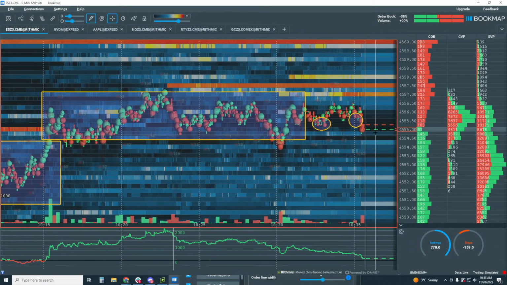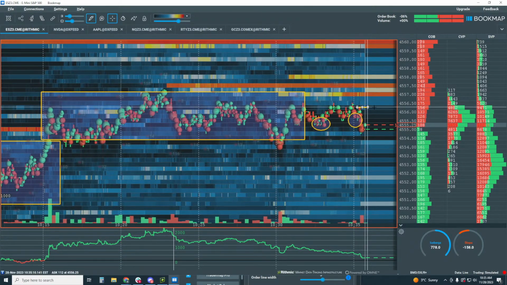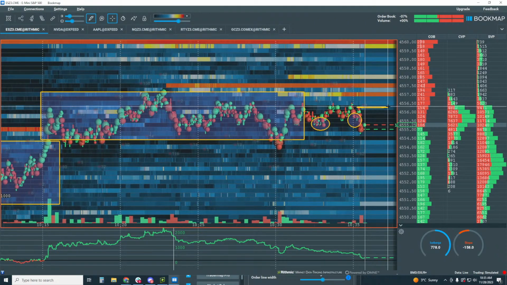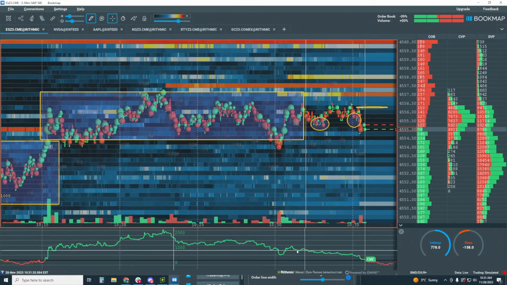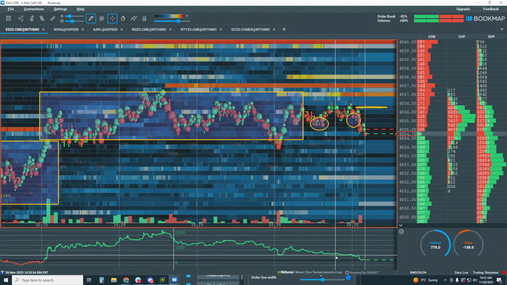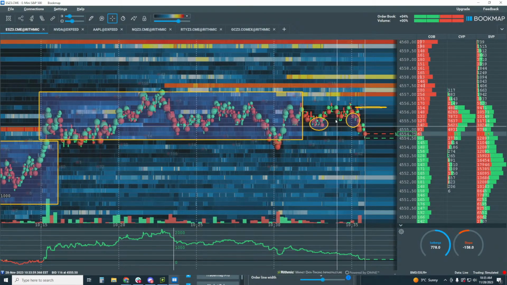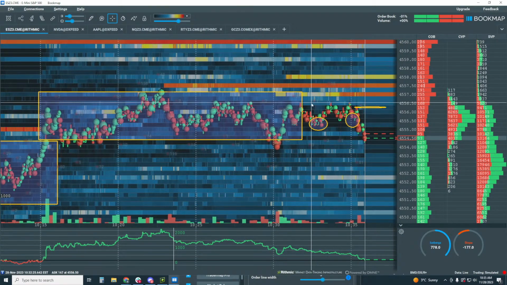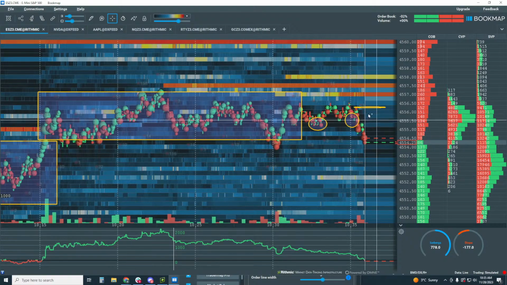And your trap sellers. All you have to do is get back up here and get buyers, and this cumulative volume delta gave you a poor reading for divergence.